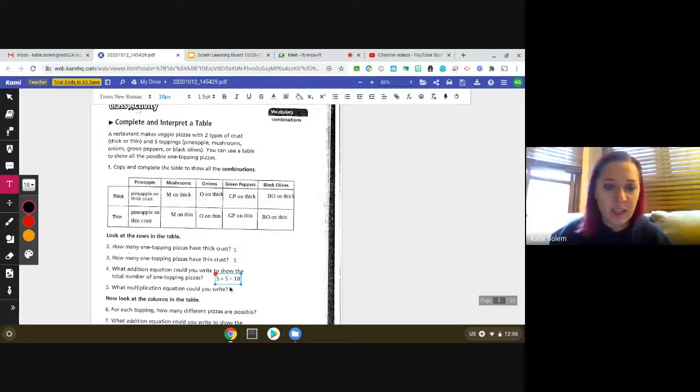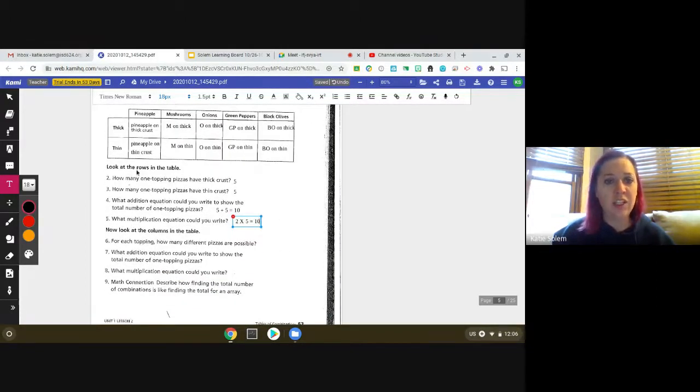Now, what multiplication equation could we write? Well, let's think about our rows and columns. There are 2 rows, so we could say 2 times how many columns there are? 5. 2 times 5 equals 10. So we could have solved that using addition or multiplication.